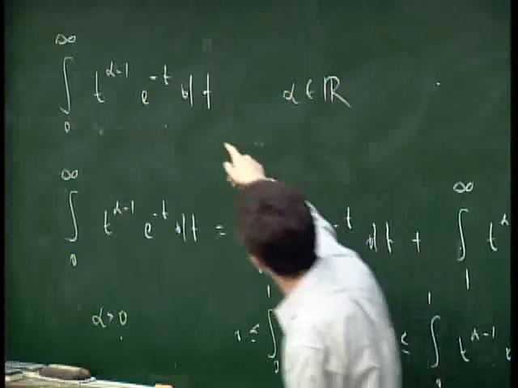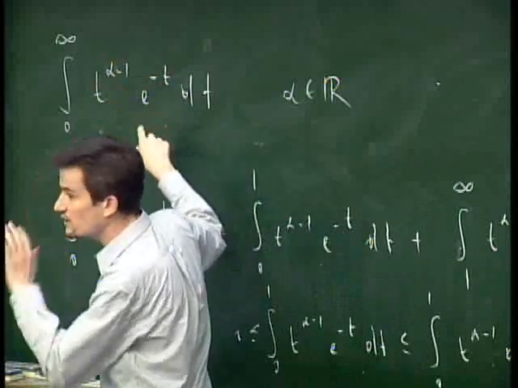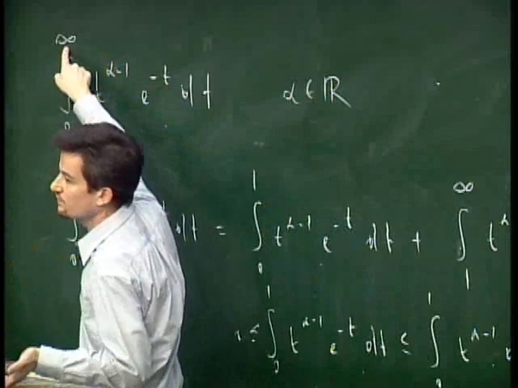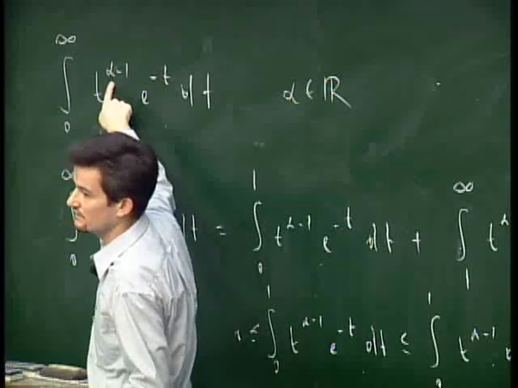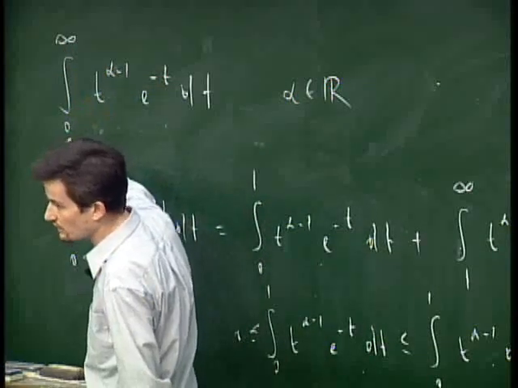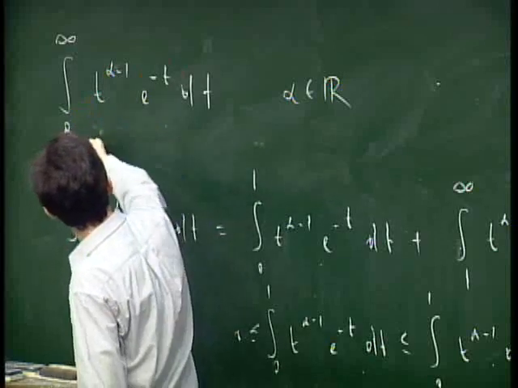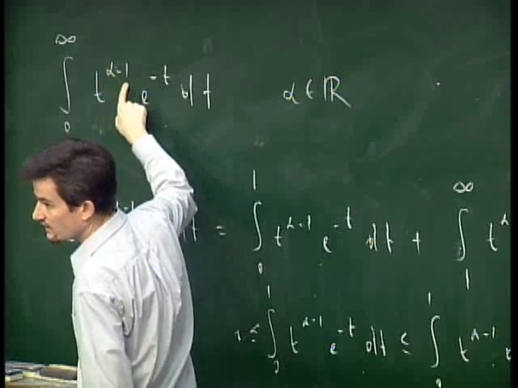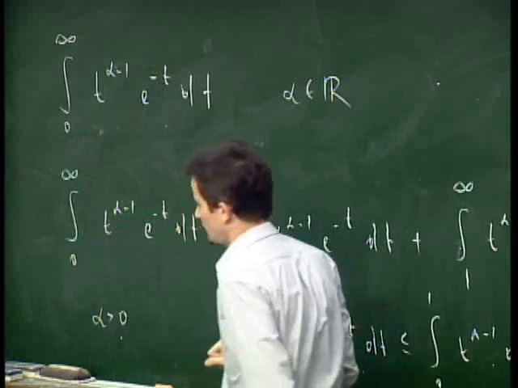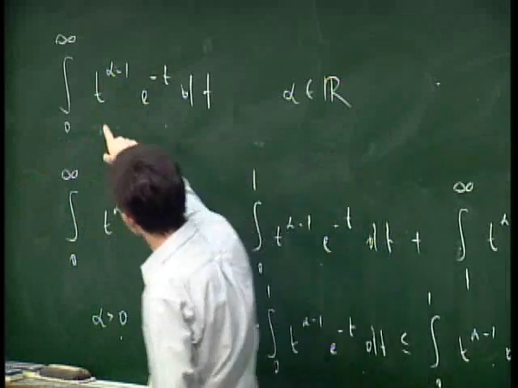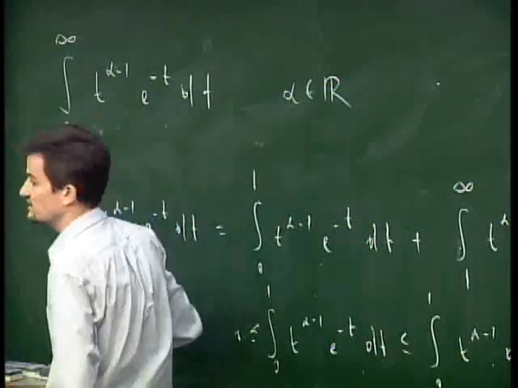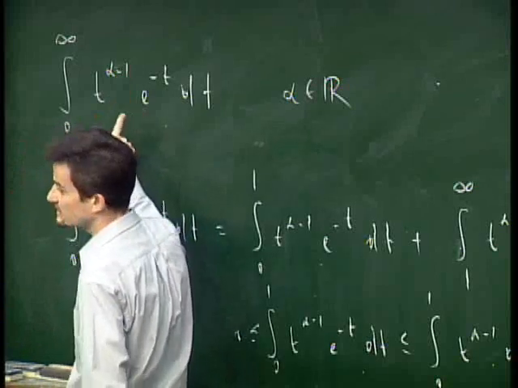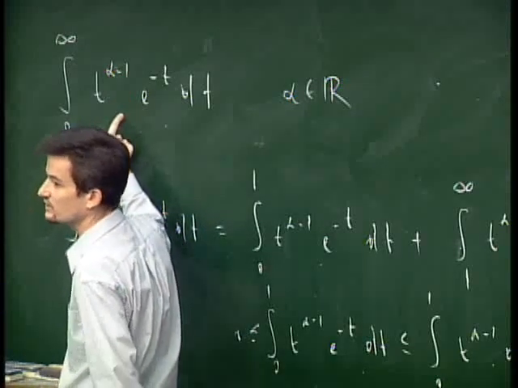So infinity should not cause a problem for every alpha. Now, if t tends to 0, this function will be roughly 1, so what you have is t to the alpha minus 1. But we have seen that such integrals are convergent if and only if alpha is larger than 0. Actually, if you consider the case alpha is smaller or equal than 0, you can prove that this integral indeed does not exist.